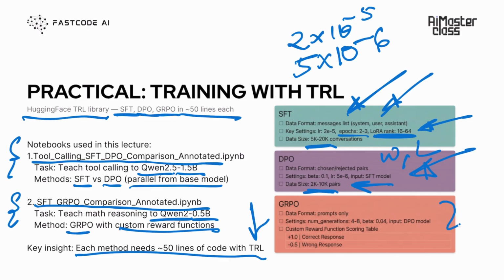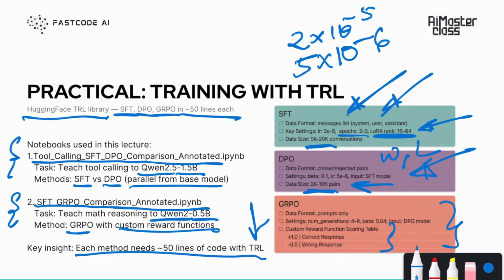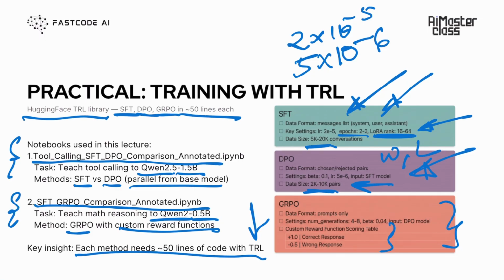And finally, in GRPO, we have the custom reward functions, where we have the correct response and the wrong response, and the other things that we discussed. The data is prompts only, because all we need are prompts, and for those prompts we get the rewards.